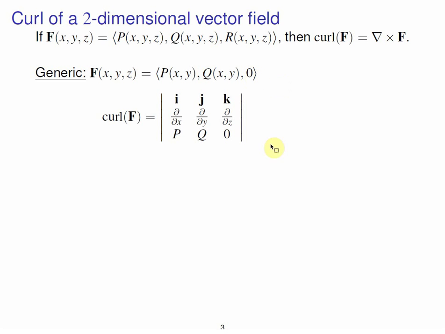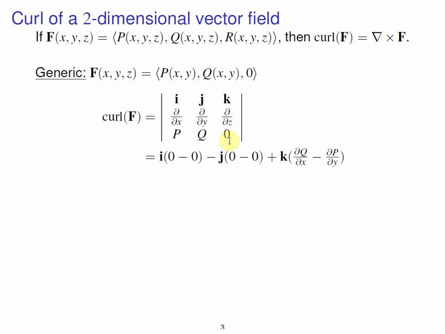To compute the curl, you set up the same thing, and I just put whatever p is and whatever q is here, and just the scalar 0 in this last component. And if you compute, well, the partial derivative with respect to y of 0, that's 0. The partial derivative with respect to z of q, well, there's no z in q. Q is just q of x, y, so that's why you have a 0 automatically. Same deal here.